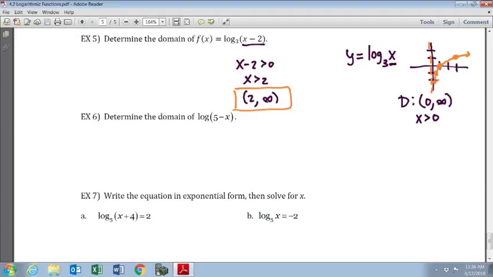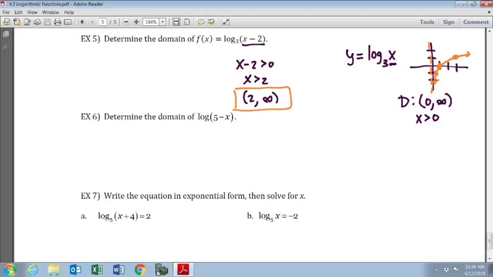Notice if I plug in something that's not in the domain, like 1, then the log base 3 of 1 minus 2 would be the log base 3 of negative 1. Again, we can't take the log of a negative. You could also try that with the common log of -1 and you get an error message. We can never take the logarithm of 0 or a negative number. So that's how you find the domain.